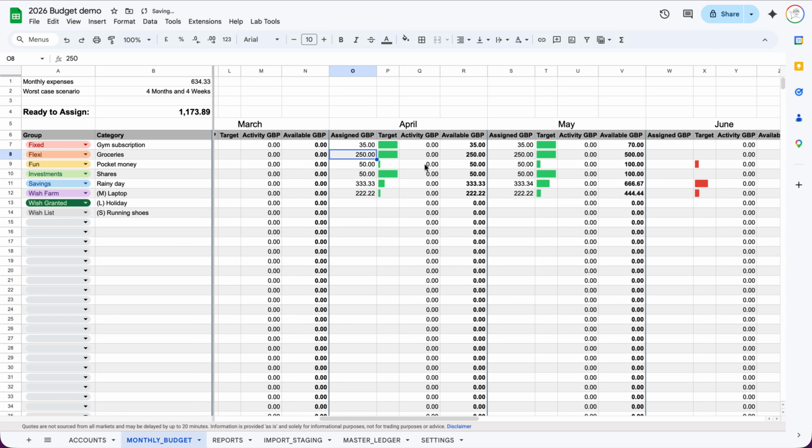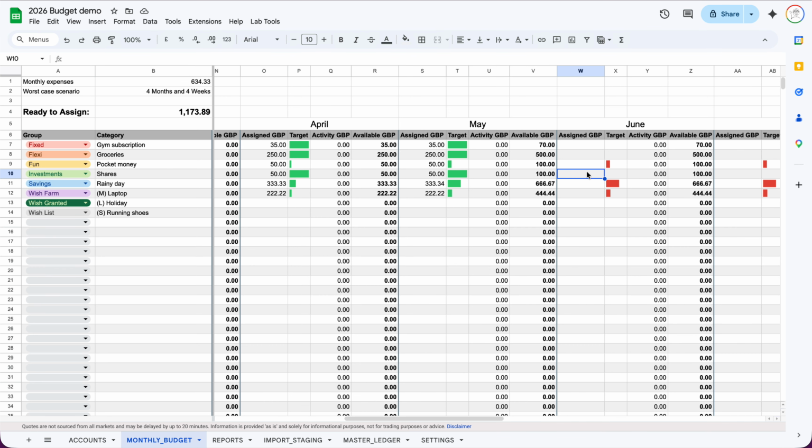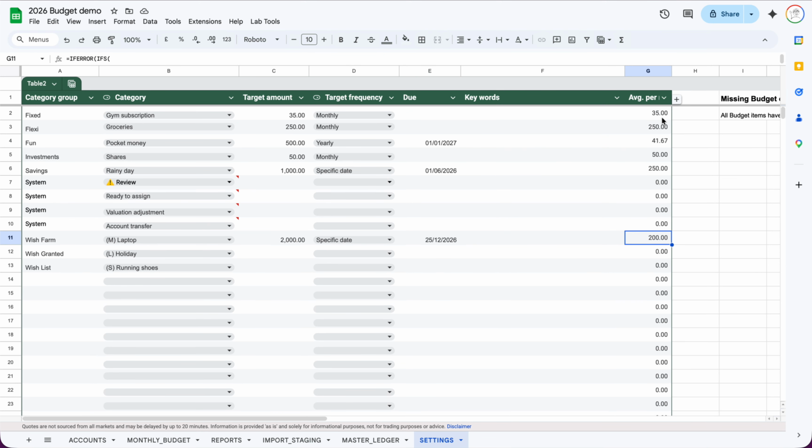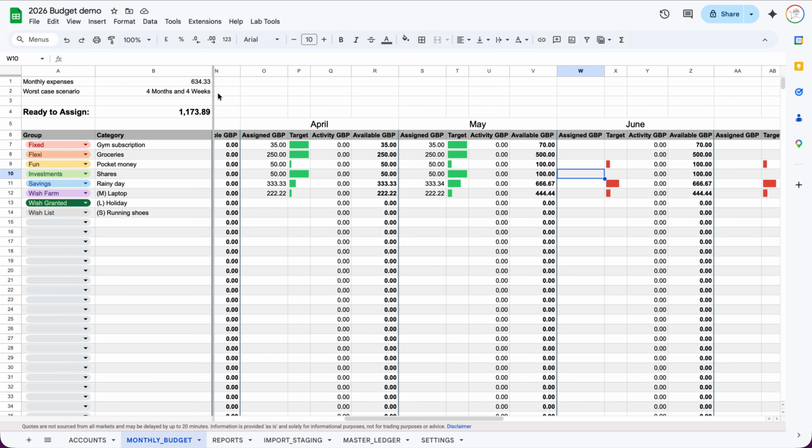What you'll notice very interestingly is that the money that you have in this available stuff, basically your assigned is like your ideal state, but your worst case scenario is how long would your expenses last if they were calculated at these rates, and when would you run out of money?